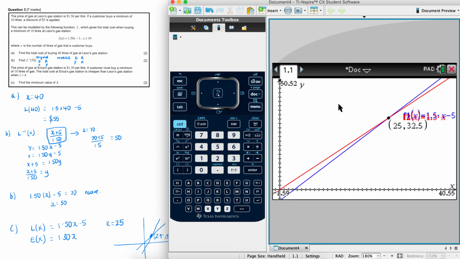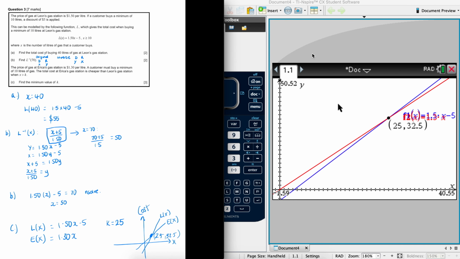That would be enough, so long as you labelled it up: Leon, Erica, and this is your function, or cost, you could call it what you need to call it, and this is your x value. As long as you drew a quick sketch there, that would be enough work.